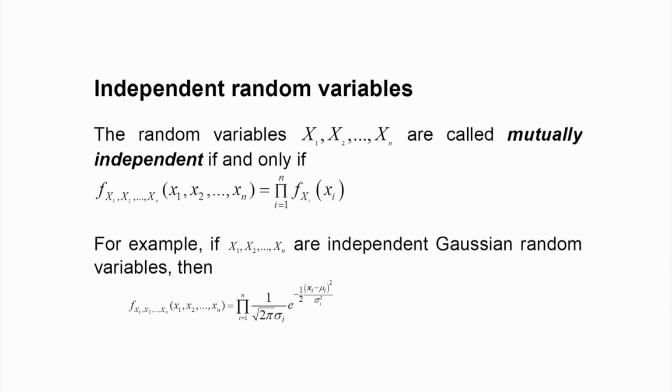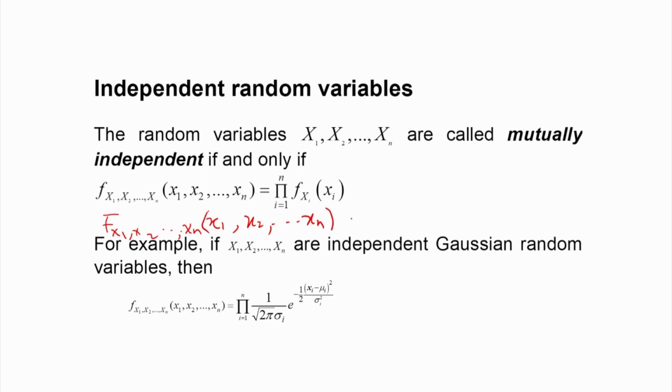We can define independent random variables. Suppose we have a collection of n random variables X1, X2 up to Xn. They are called mutually independent if and only if the joint PDF is a product of the marginal PDFs. Similarly, we can write the joint CDF F_X1X2...Xn at point x1, x2 up to xn.